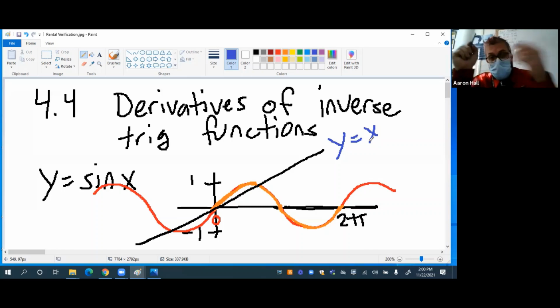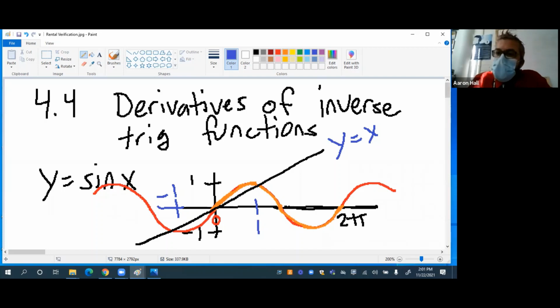Now again, our x's become our y's and our y's become our x's. So the range from -1 to 1 is now going to become my domain from -1 to 1.